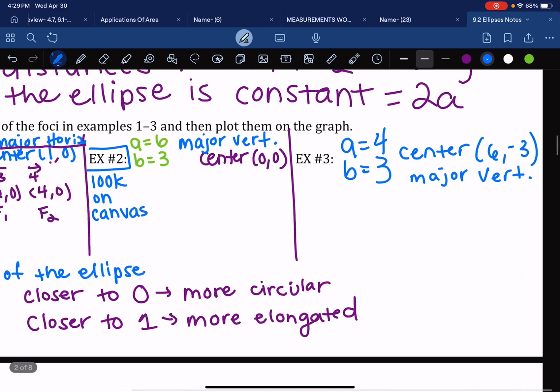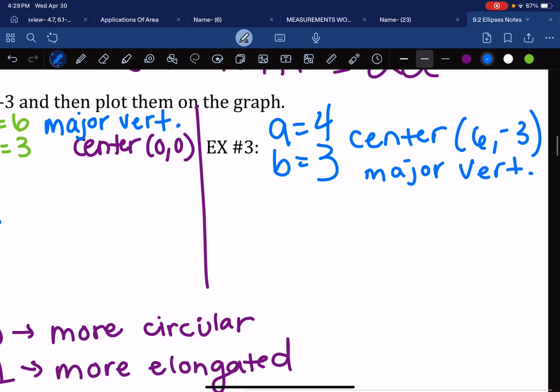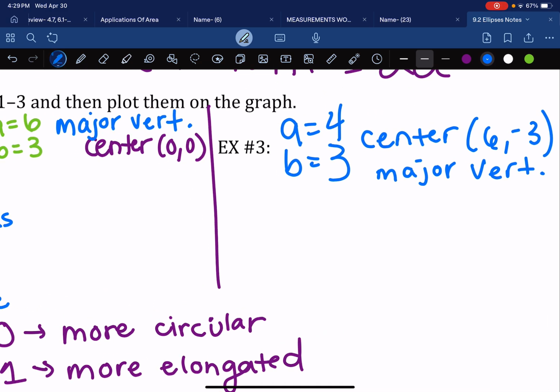Okay, this one is a little harder, so I'd rather do this one. So we have A is 4, B is 3, center is at (6, -3), and we're gonna say that this one, its major axis is vertical. So if we're doing vertical, that means we're gonna be adding and subtracting to the y value.